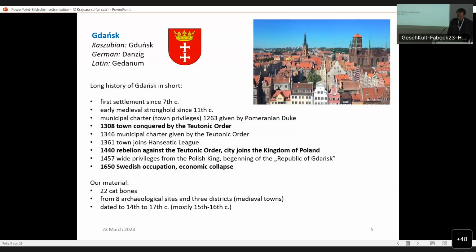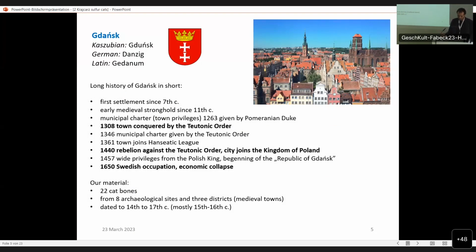So first, a few words about Gdańsk. Now it's a large city with a population of 500,000, and we know that Gdańsk already existed as a settlement, or village, or stronghold in early medieval times. But Gdańsk's history really started in the 14th century, when it was conquered by knights of the Teutonic Order, and so they organized a town, and the town started to develop and to flourish.